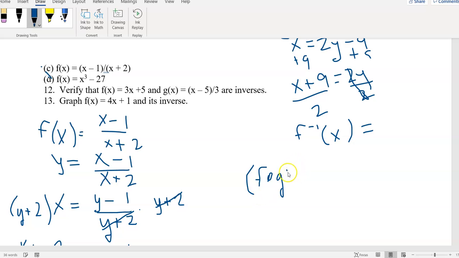And that is the very definition of inverses, is that when we compose them together, we get x. So let's start by putting parentheses into the first one. Let's drop g into those parentheses.